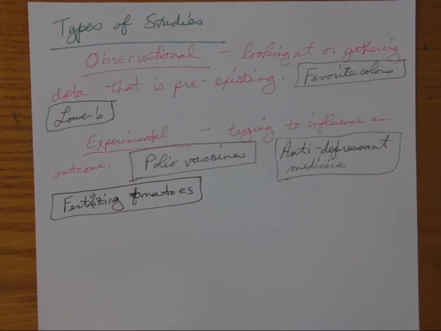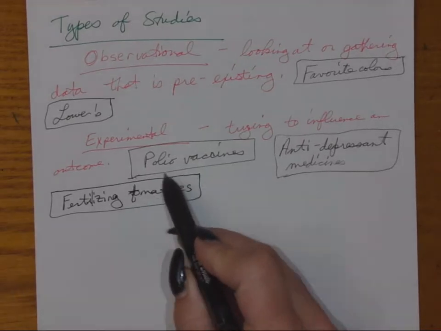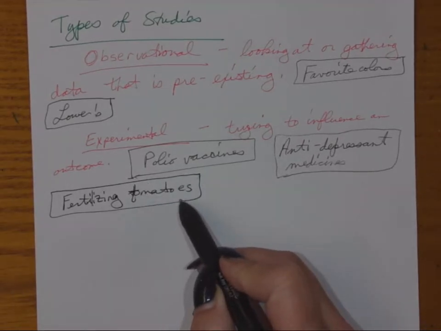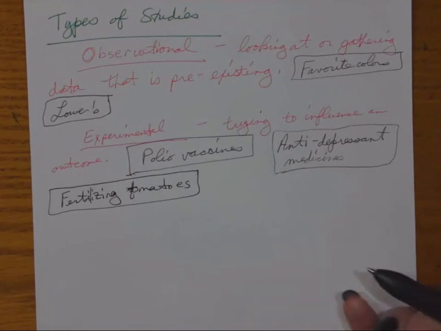So what am I looking for? I'm hoping that if I give some of these tomatoes fertilizer that they'll grow bigger and stronger, and maybe they're more bug resistant and things like that. So I'm looking for positive outcomes with these tomatoes that have the fertilizer versus the ones that don't.